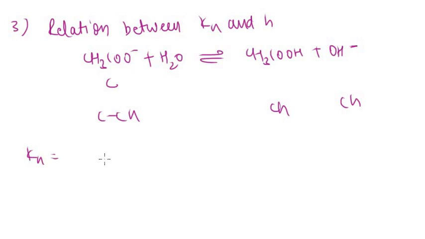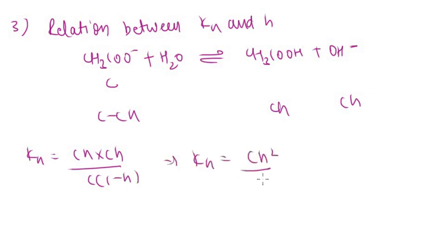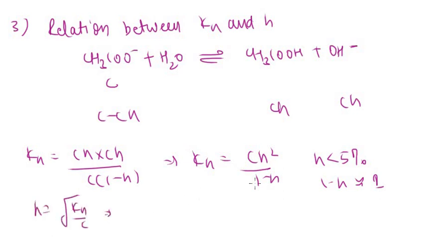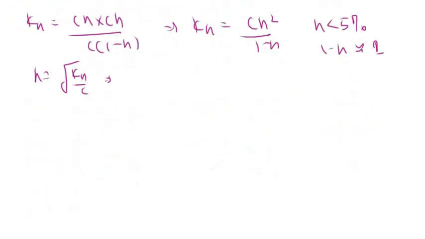So KH was Ch into Ch upon C into 1 minus h, so KH comes out to be Ch square upon 1 minus h. Now again h is less than 5%, so 1 minus h is approximately equal to 1. So h comes out to be the root of KH upon C.